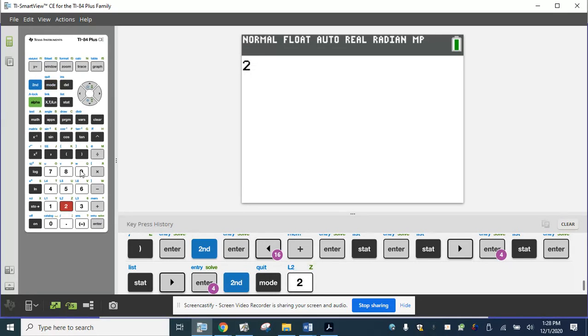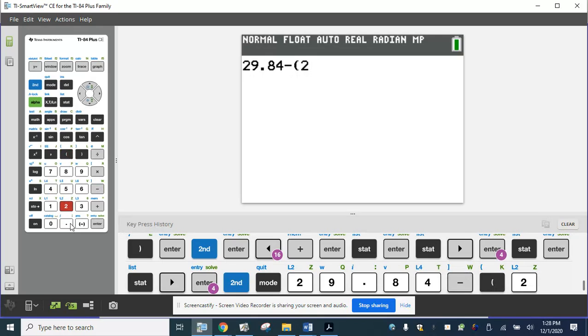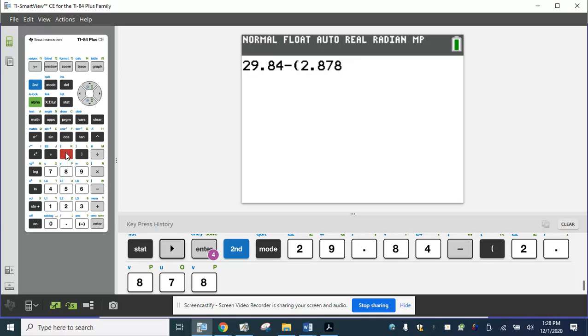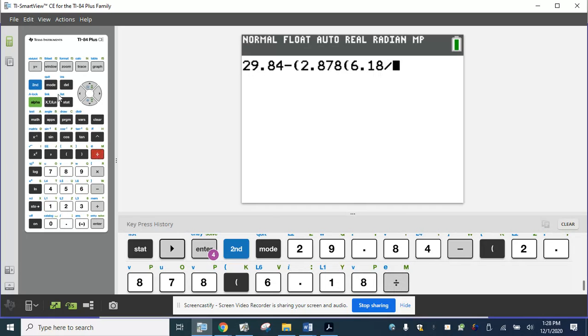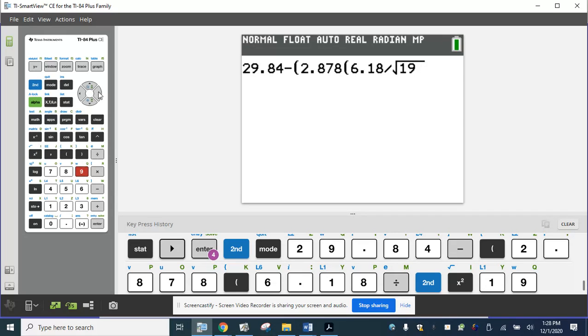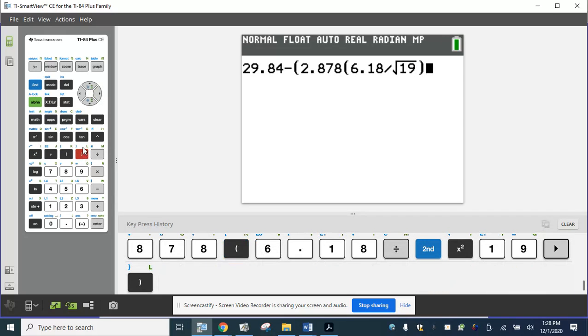All right, so 29.84 minus 2.878 times 6.18 divided by the square root of 19. I don't know about on yours, but I have to use the right arrow key to get out of that.